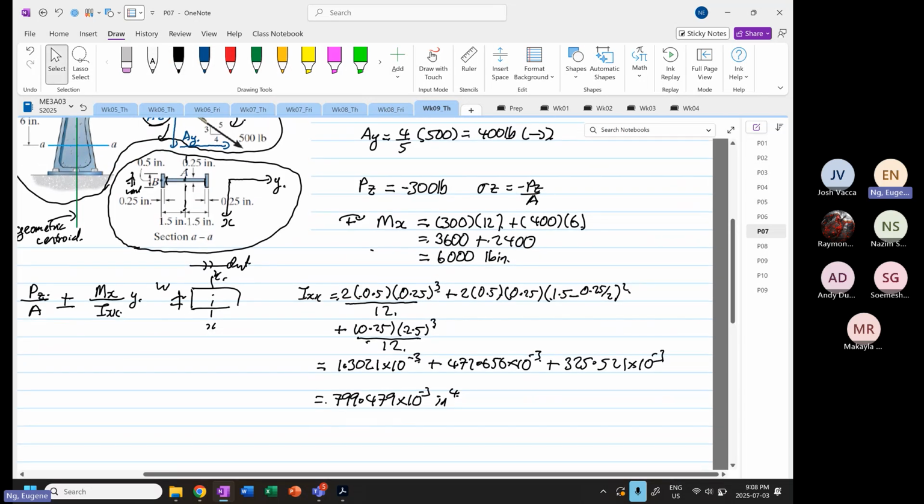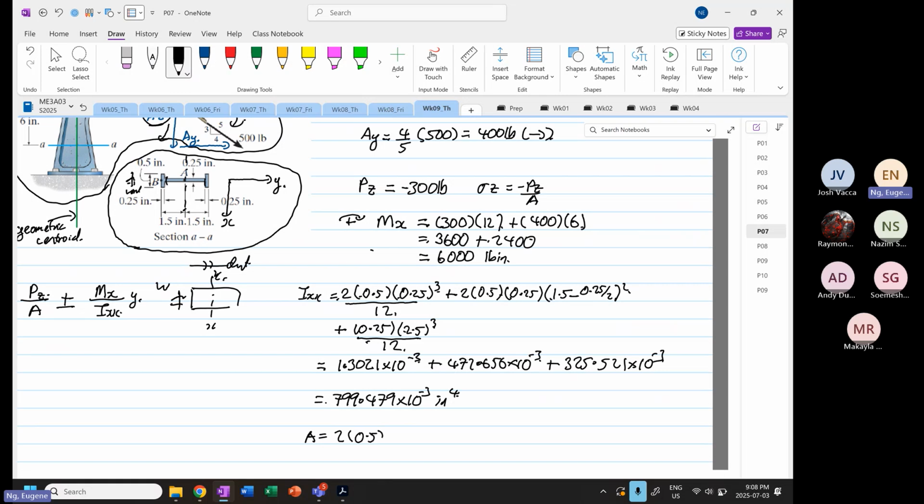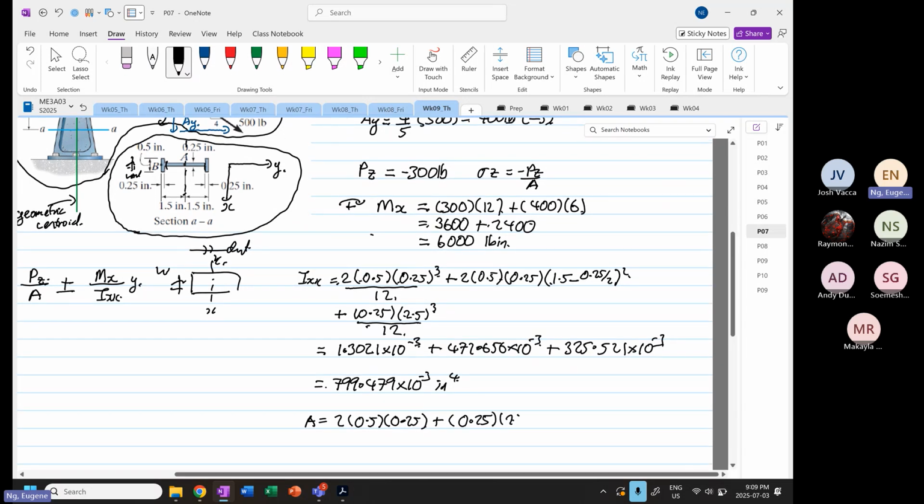So the next thing I need to find is our cross-sectional area. The cross-sectional area is twice 0.5 multiplied by 0.25, plus 0.25 multiplied by 2.5, which is equal to 0.875 inches squared.